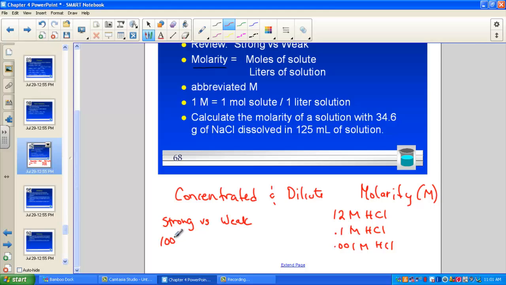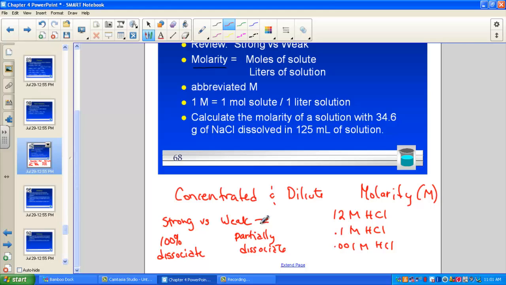Strong electrolytes 100% break apart or dissociate or separate into their ions. Weak electrolytes only partially ionize or partially dissociate or partially separate as ions in solution. Strong and weak have to do with the degree of dissociation. How well do they conduct an electrical current in water?